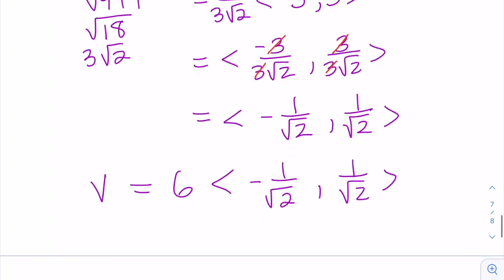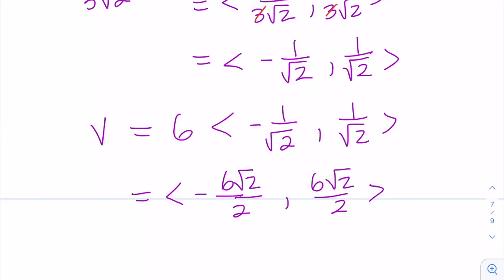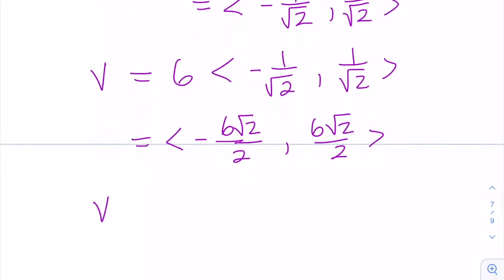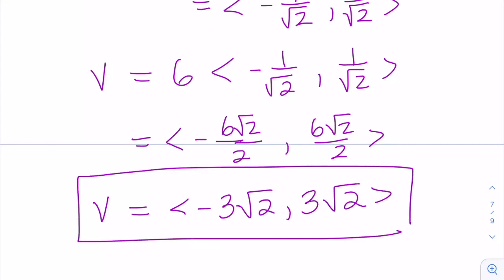So when I multiply that, we can just distribute. We'll have -6 over root 2, and I could read this as 6 root 2 over 2, and then 6 root 2 over 2, and you can see that this is going to reduce, which is good. So we have -3 root 2, 3 root 2. So our vector v will have a component form of (-3 root 2, 3 root 2).